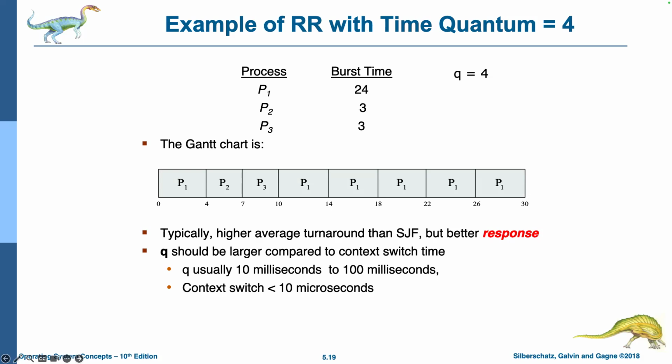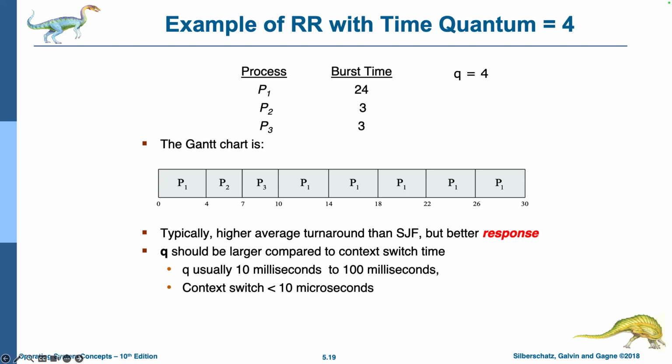If the quantum is too small, the CPU is always busy splitting the tasks. For example, a quantum of 0.1. Always splitting the task, the CPU doesn't make any progress. It's a waste of computer resources. So the quantum cannot be too large, and it cannot be too small. I guess 4 here is good.